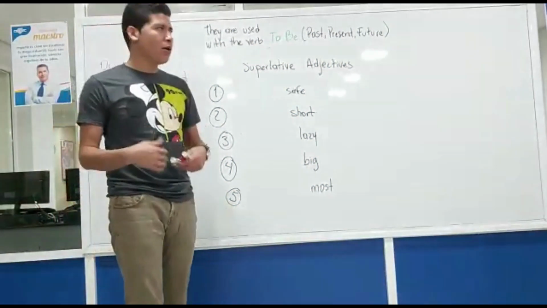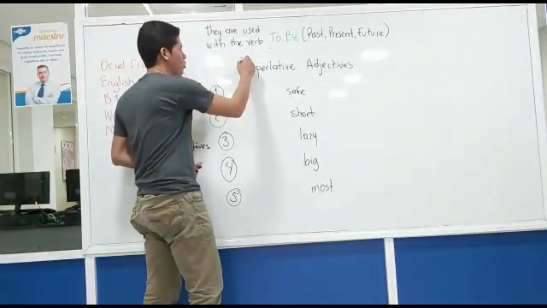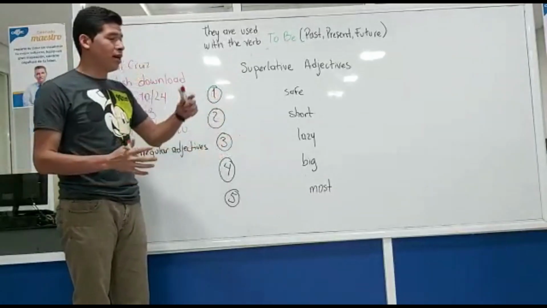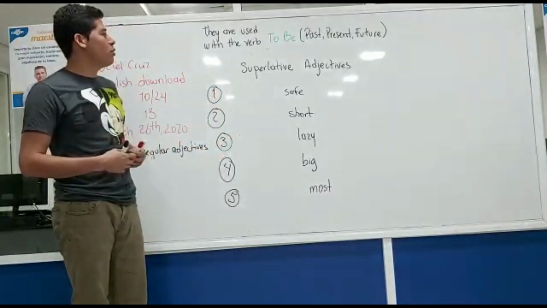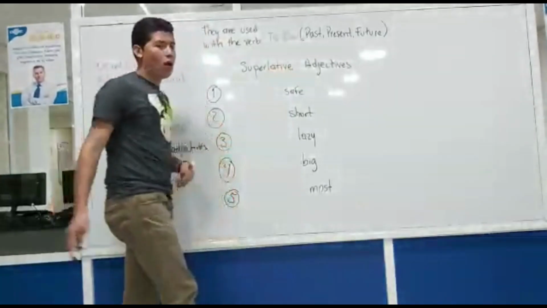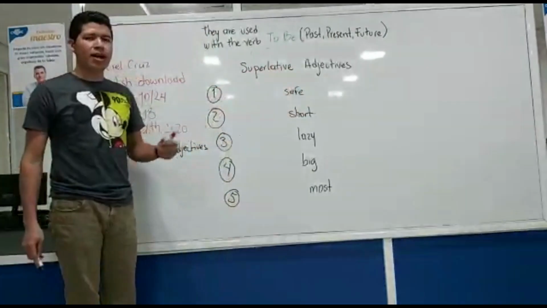Let's see right now the superlative adjectives. Before, I explained to you about the comparative adjectives, and this is superlative adjectives. Once again, like before with the comparatives, we use the verb to be, only we use the past, present, and future tense with the superlative adjectives.